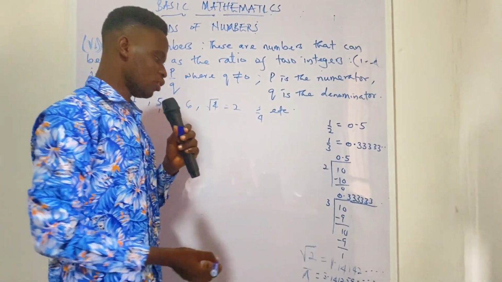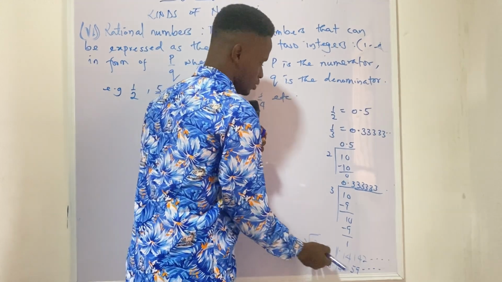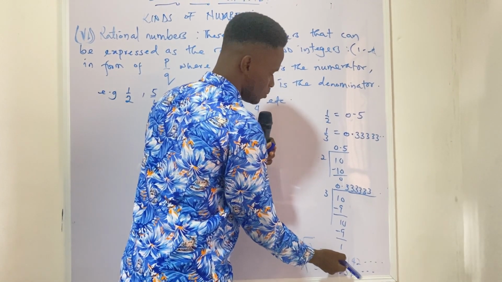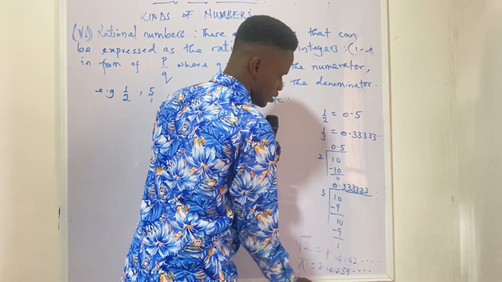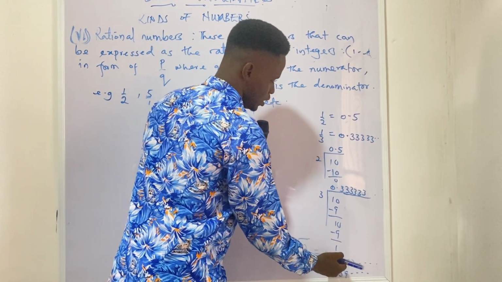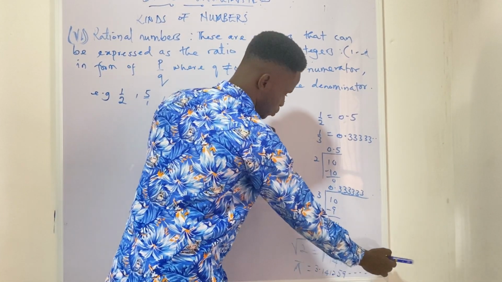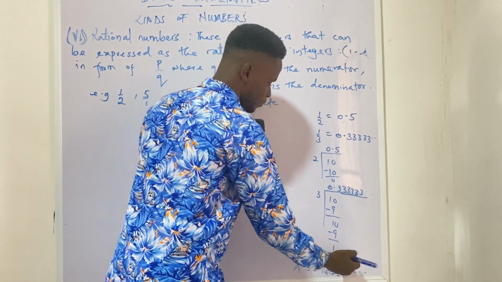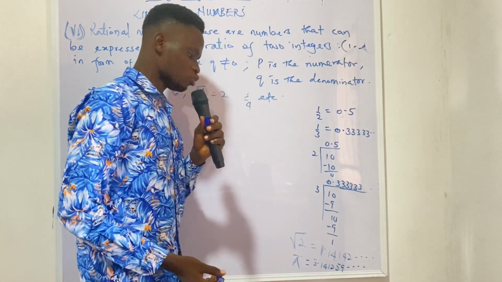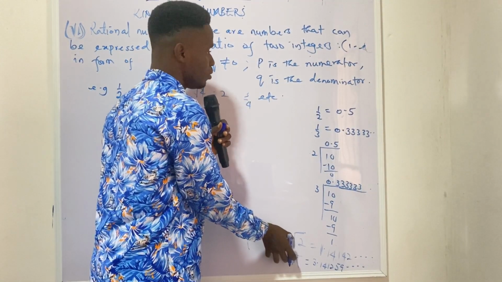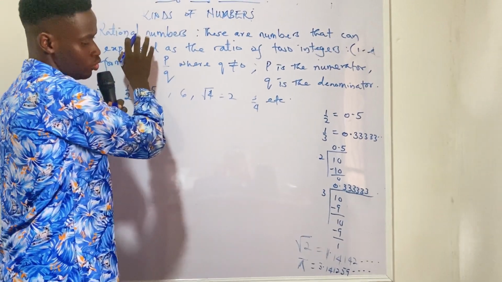You realize that for all these, the digits after the decimal point do not repeat. At the same time, the digits do not stop, it doesn't have an endpoint. So you should know this one can never be a rational number.